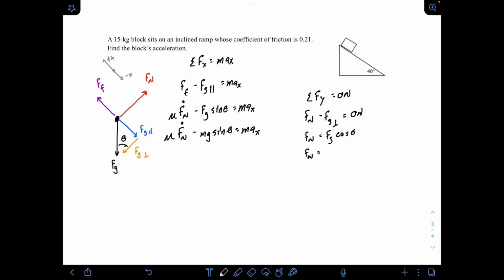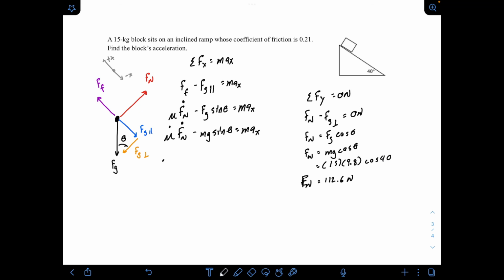And I can actually crunch this number and plug everything in to get 9.8 and cosine of 40. So the normal force is about 112.6 newtons. When I plug that in, I know I have mu, I now have normal force, I now have mass times gravity.